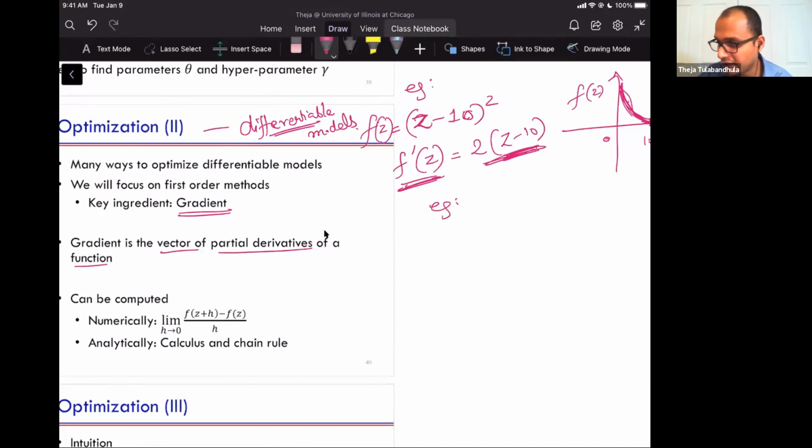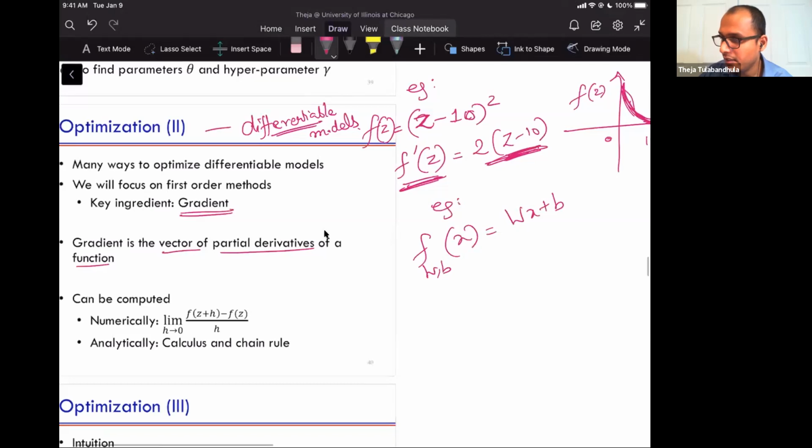If in a particular model, f of x with w and b, this is wx plus b, let's think of its gradient.